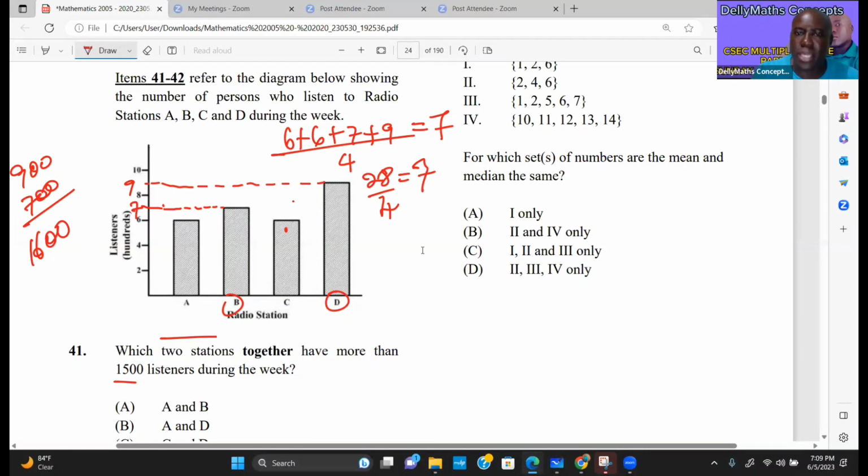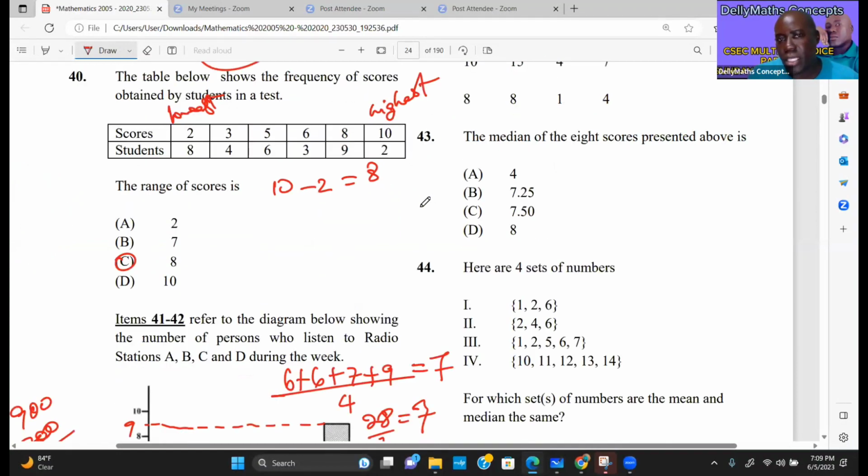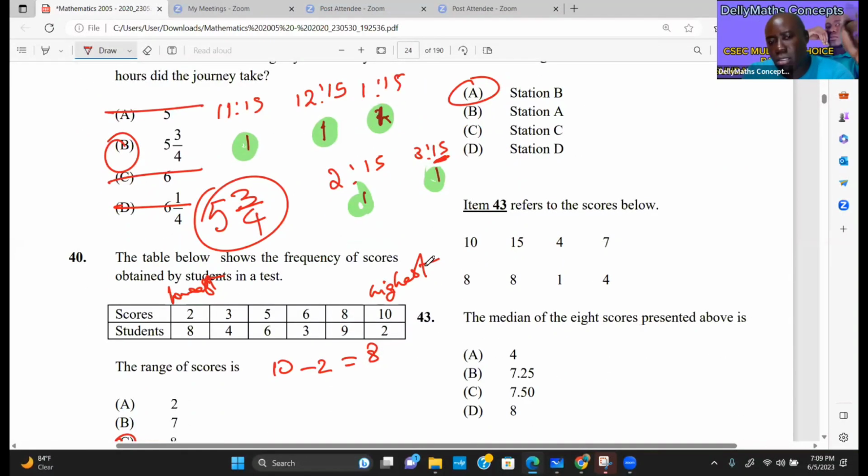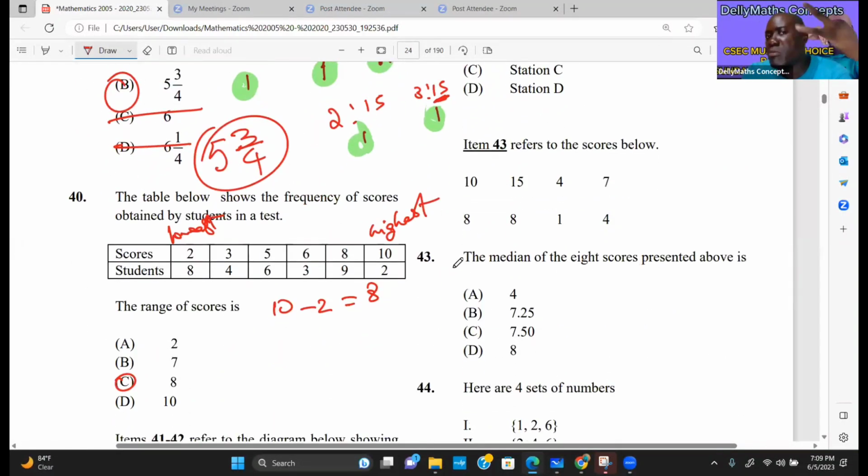You go back and you say, oh, it's B. The mean of everything is like station B. Read the questions, man, and relax. Apply yourself and go. We haven't found one topic that we have not covered, so everybody should be getting some good grades.